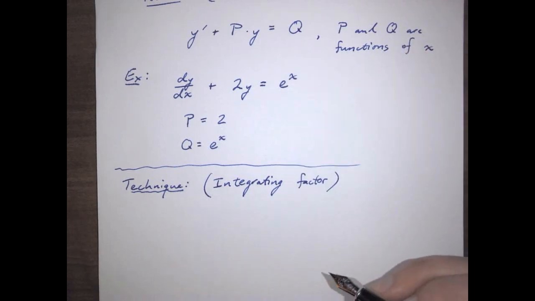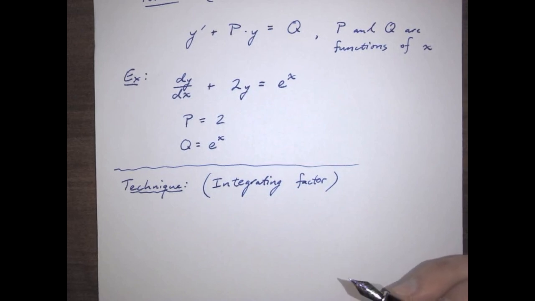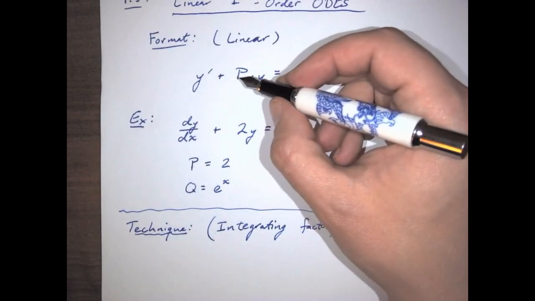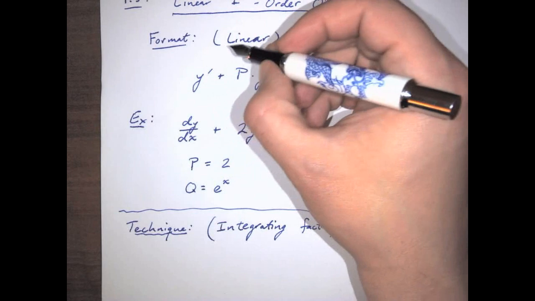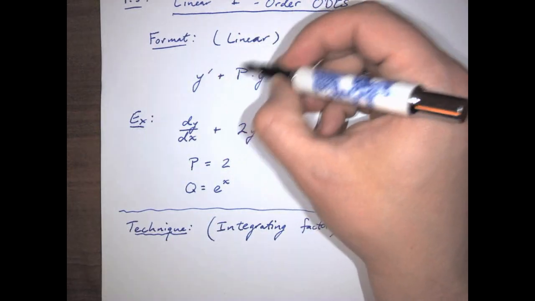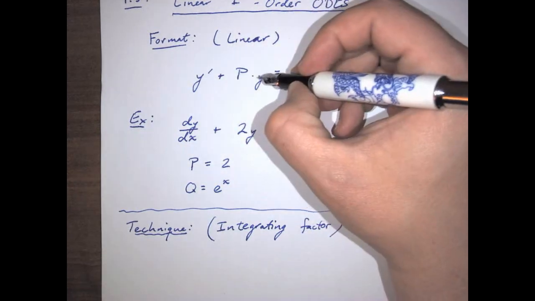But if you look at it hard enough, it bears some resemblance to the product rule. In particular, we have a factor times a y, and what we have here is the derivative of just that.